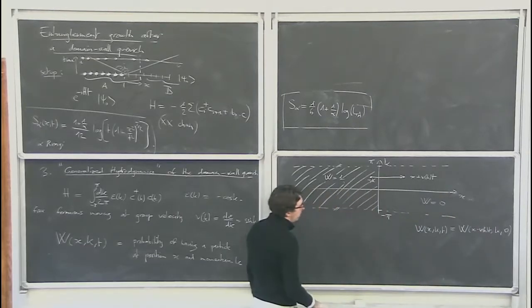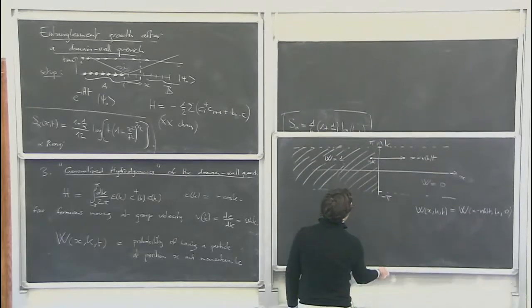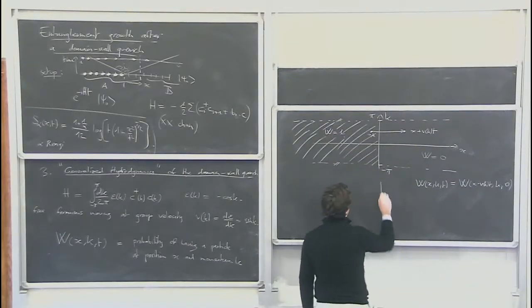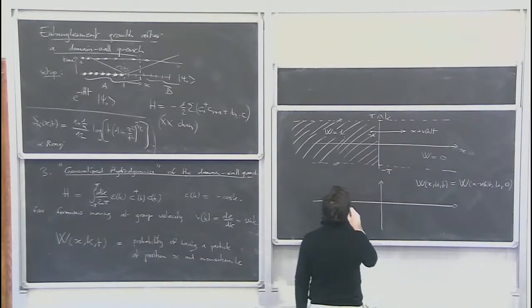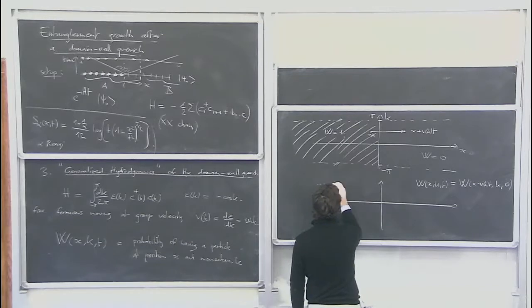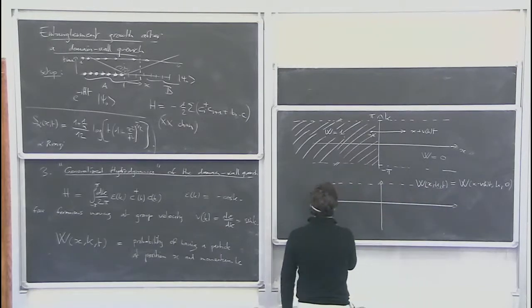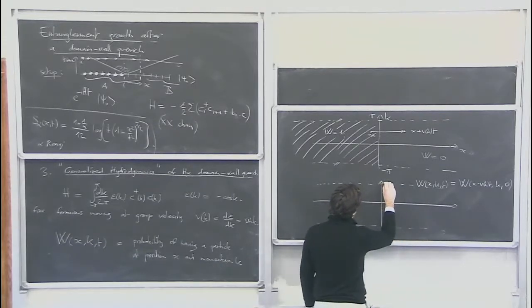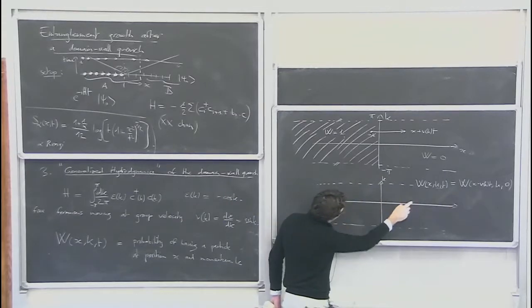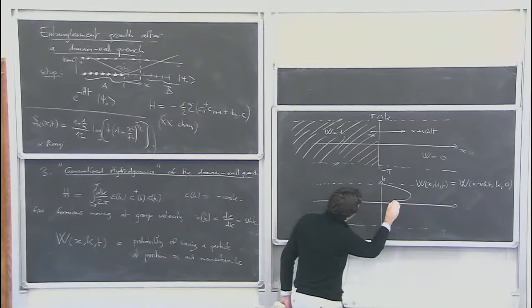And so this just means that after time t, I will have the following picture, because the velocity is sine of k, so I have to plot the function sine of k, which looks like this.